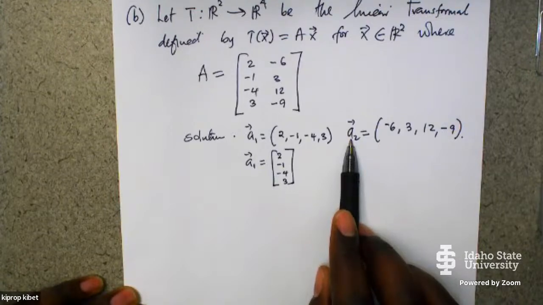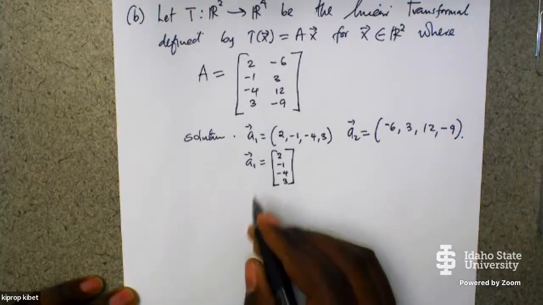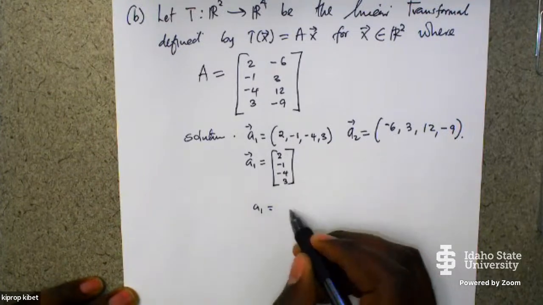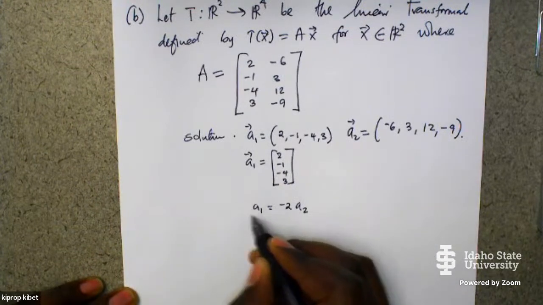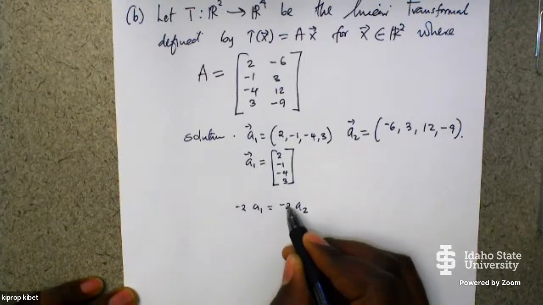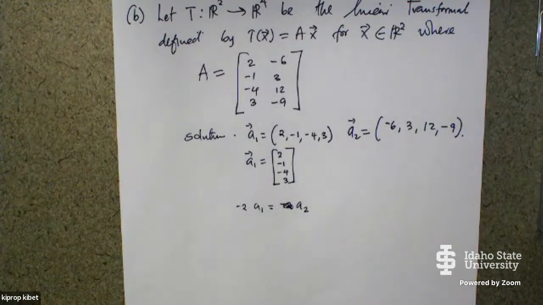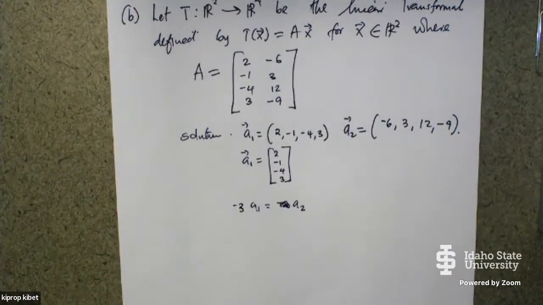So we can see that -3 A1 is equal to A2, sorry, -3, not -2.